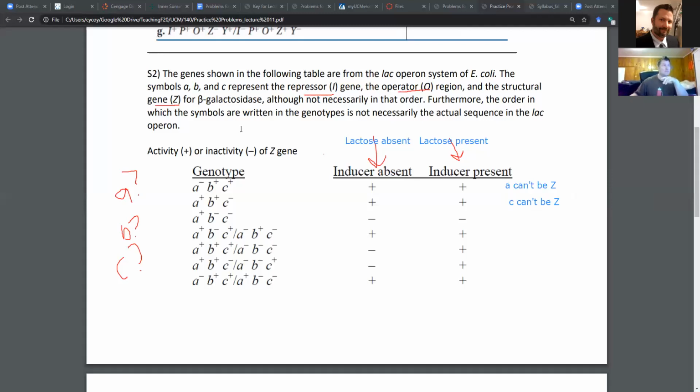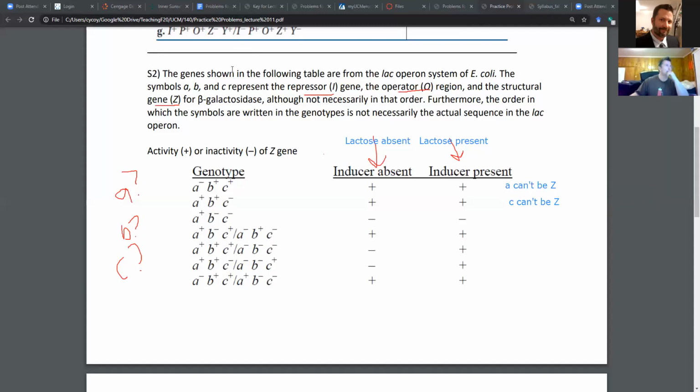Can't be Z, because if we mutate it, it would not give us constitutive. Well, we know B is probably Z then. And if you knock out B and C, it knocks it out completely. So does that support our hypothesis that B is Z? Yeah, I would say so. At this point, we're probably thinking B is probably Z.